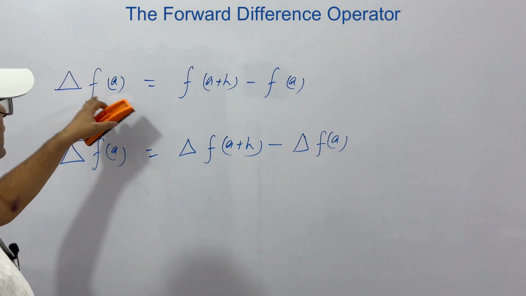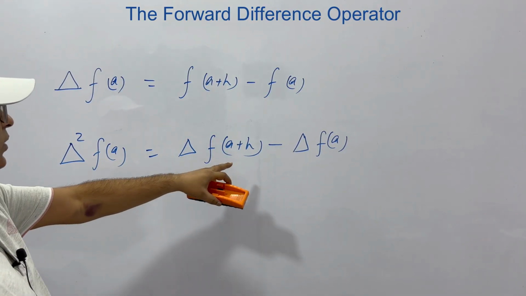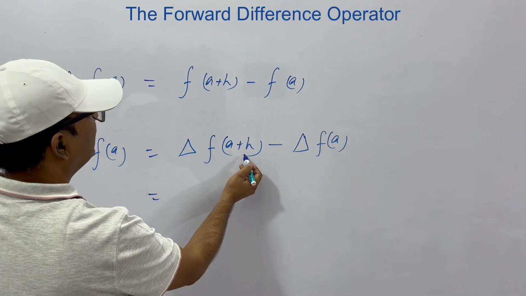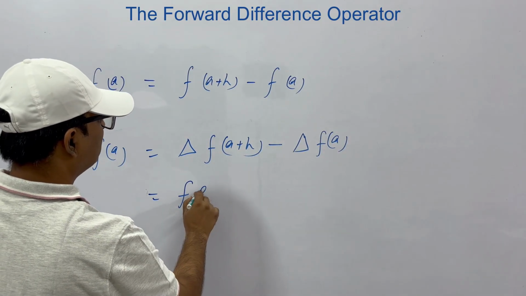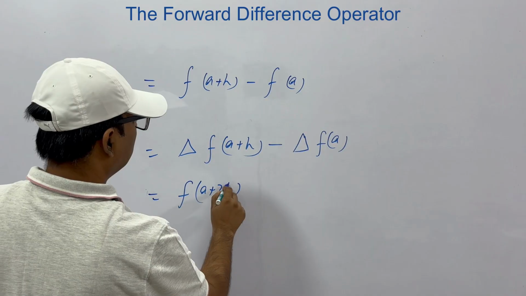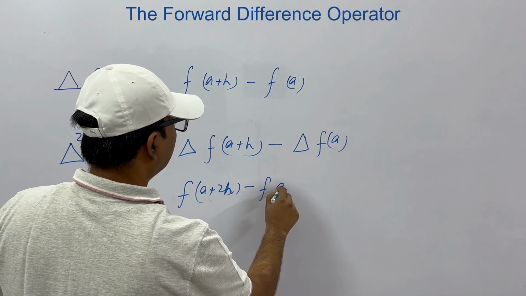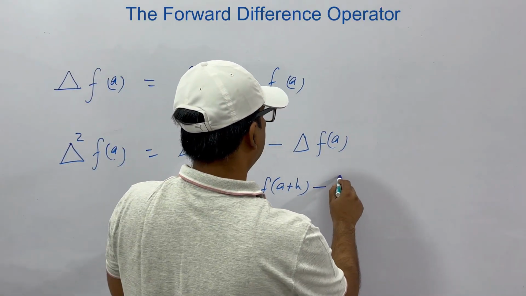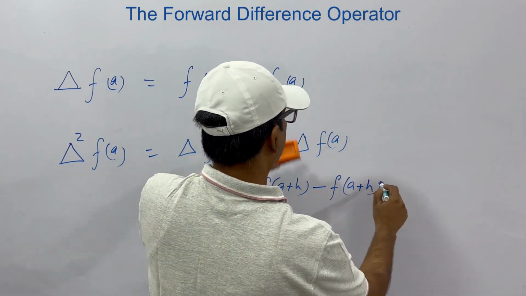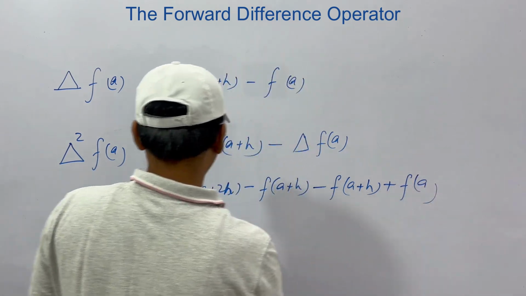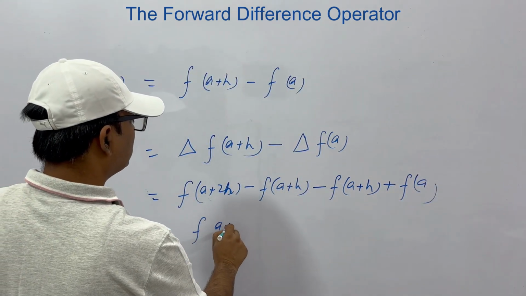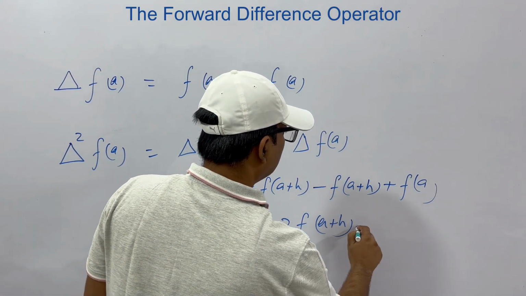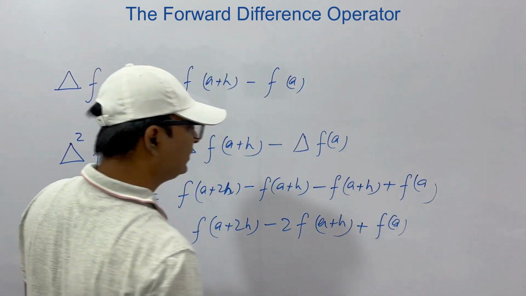Del f(a+h) was f(a+2h) minus f(a+h). Combining, minus f(a+h) minus f(a+h) gives minus 2f(a+h), so actually what we get is f(a+2h) minus 2f(a+h) plus f(a). Clear?